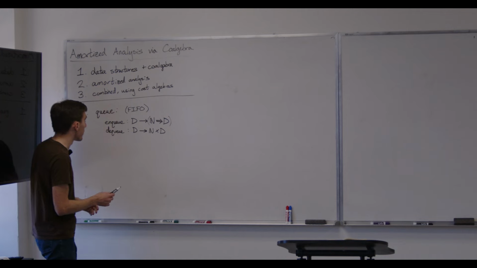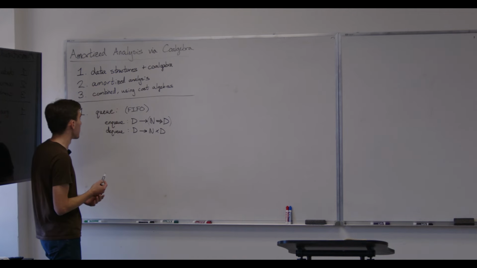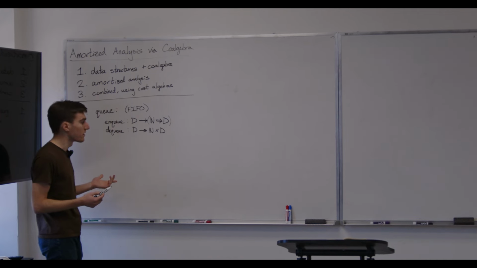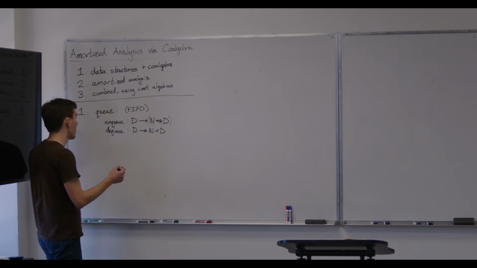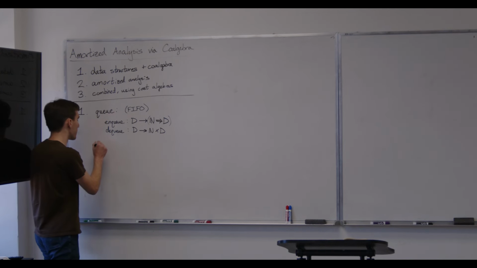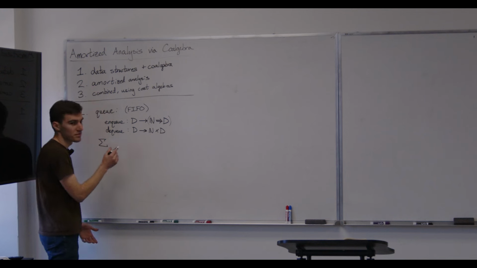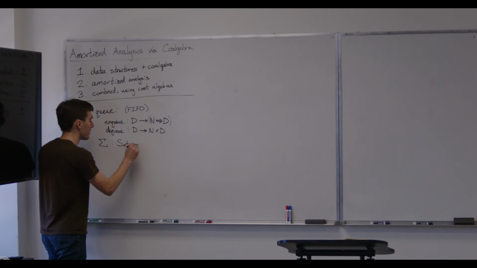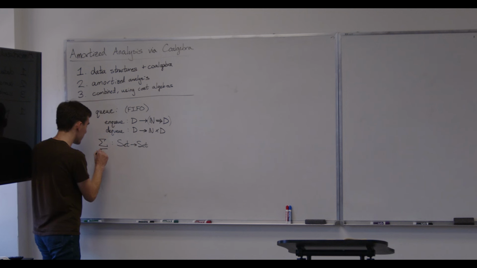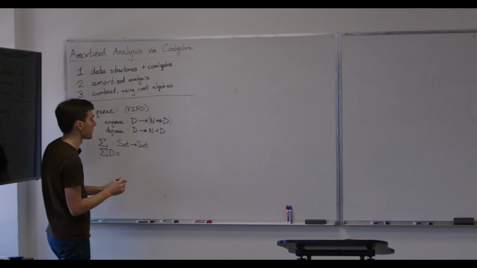Great. Okay, so if I wanted to think about this using category theory, I might start writing this signature using a functor. So I would give a functor sigma, because it sounds like signature, on sets. And I'll say that sigma of D is going to be the product of the things on the right.